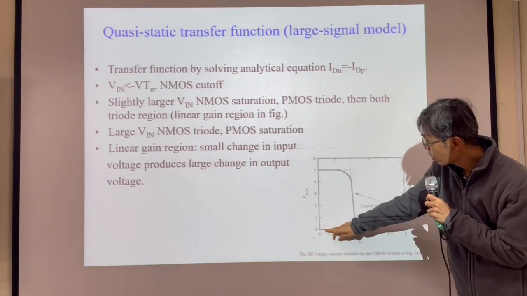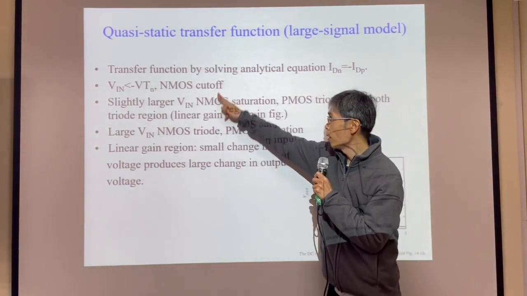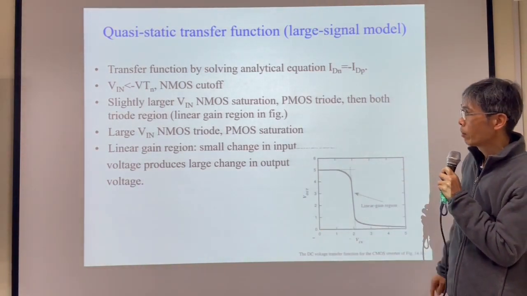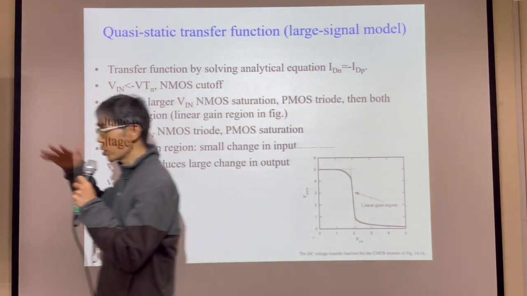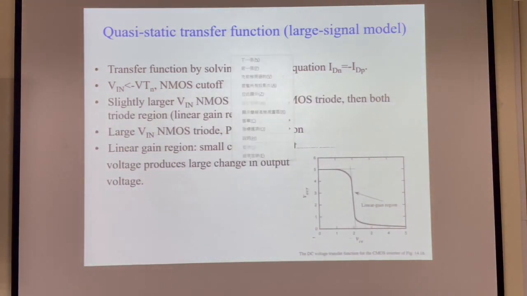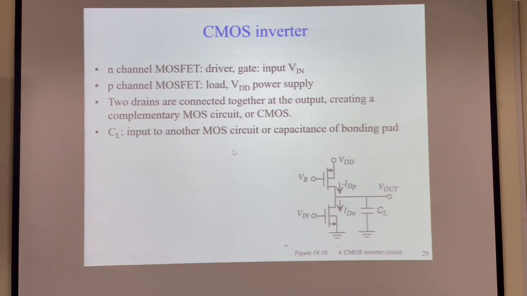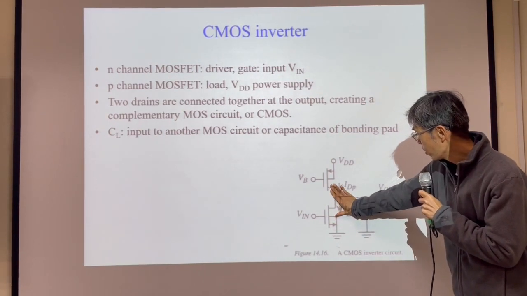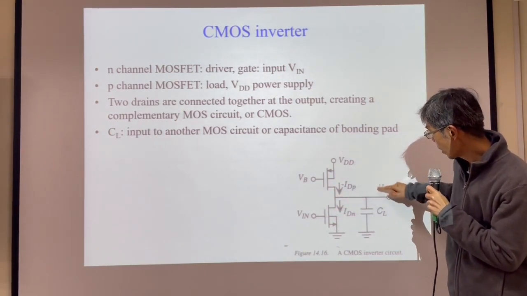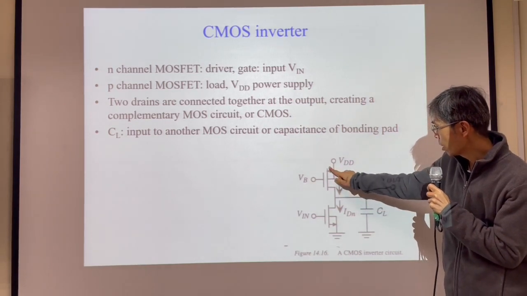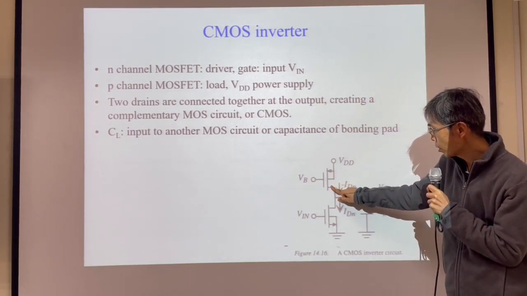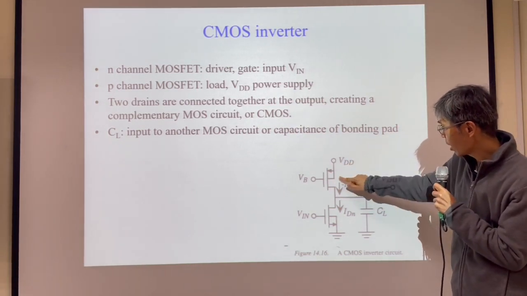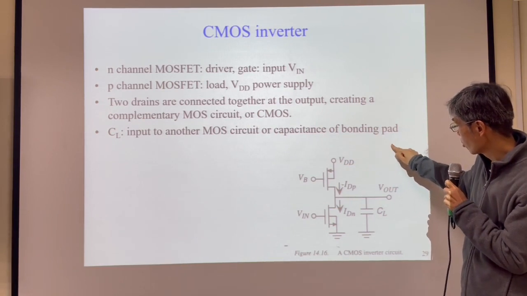VE here. So in this case, NMOS cut off, and VR equal to VDD. So if NMOS is broken, V out, because you can think there's a resistor here. If there's no current, VDD minus I times resistance equal to V out.